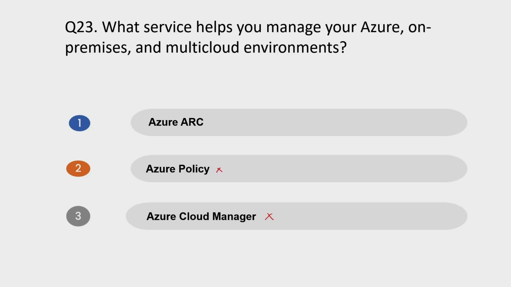We can actually control what size of virtual machine, which location we can deploy the resources. The right answer is Azure Arc. Azure Arc is a unified management tool where we will be able to manage our cloud resources. We will be able to manage our on-prem resources. We will be able to manage the multi-cloud resources.